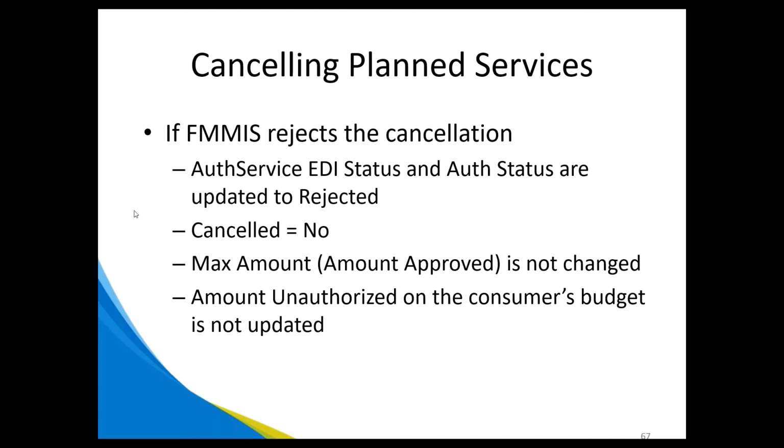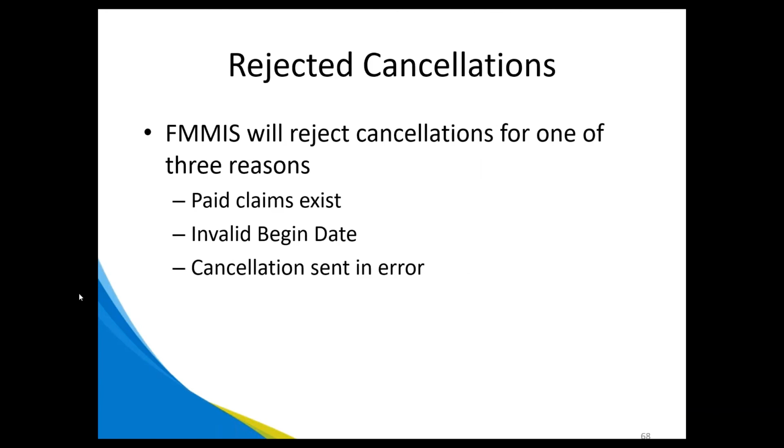If FMIS rejects your cancellation, everything is updated to rejected, canceled will equal no, and the max amount is not changed, and no money is added back into the consumer's budget. And again, if it's a canceling rejection, it's probably because you were trying to do a cancellation on a planned service with claims. So you'll have to go back to the slides on rejected authorizations and work through the error message and follow that workflow.